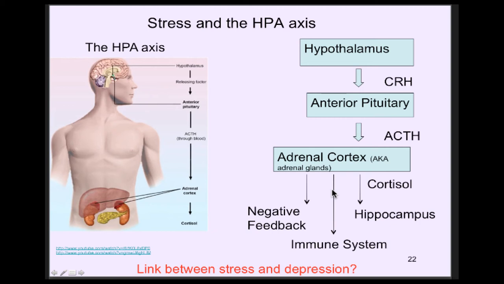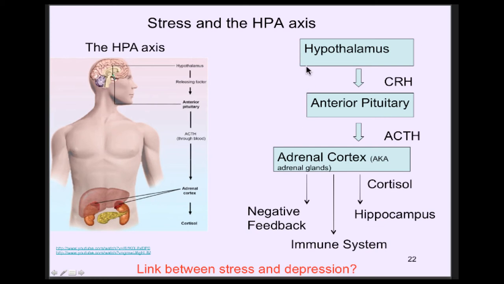In addition, the adrenal glands and the cortisol are going to affect our immune system. And we also see that this system is able to provide negative feedback, because the hypothalamus, as it does with other hormones, is going to measure the levels of the cortisol and adjust accordingly.